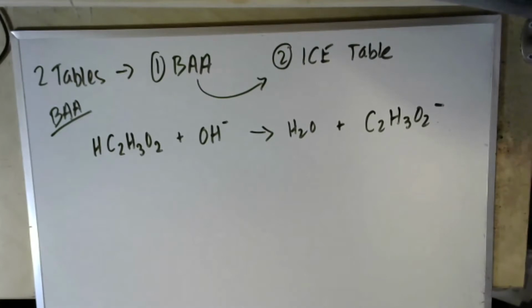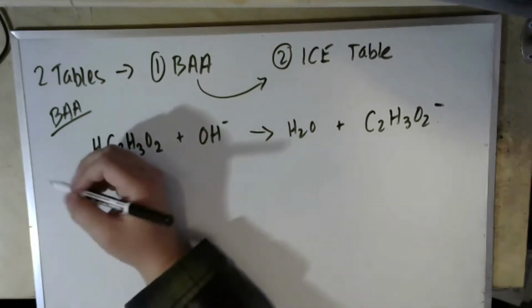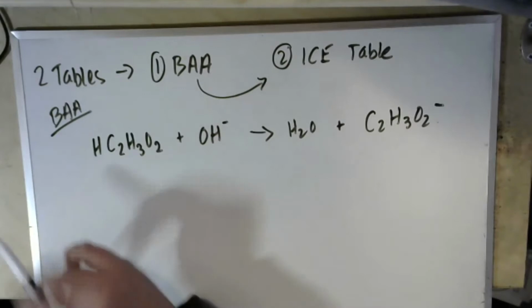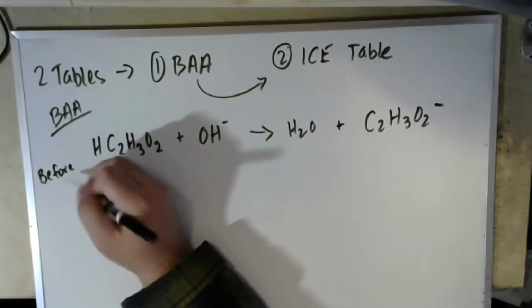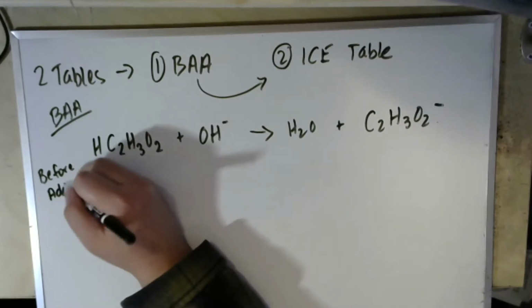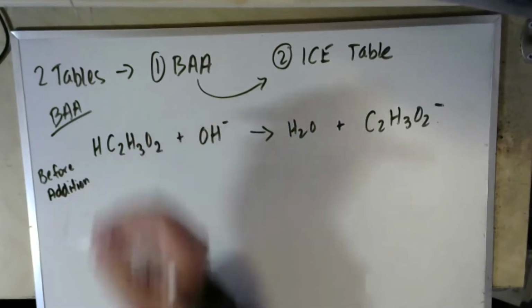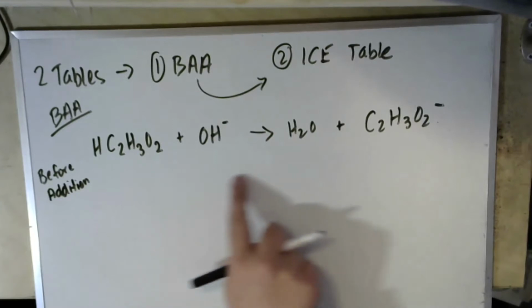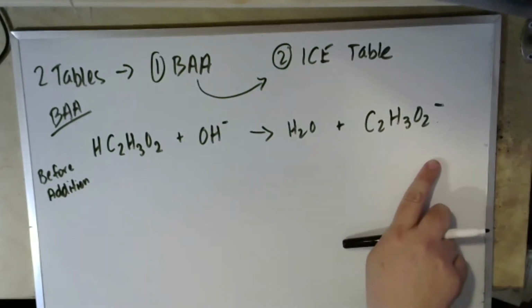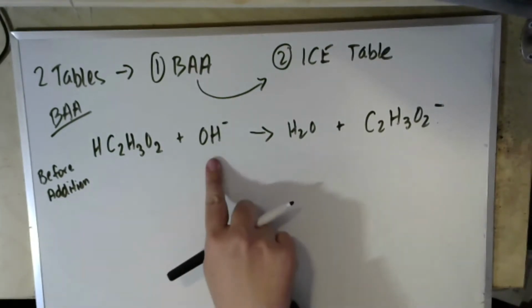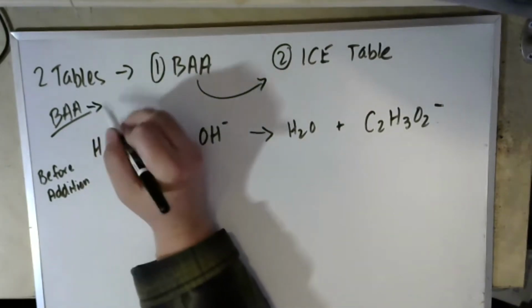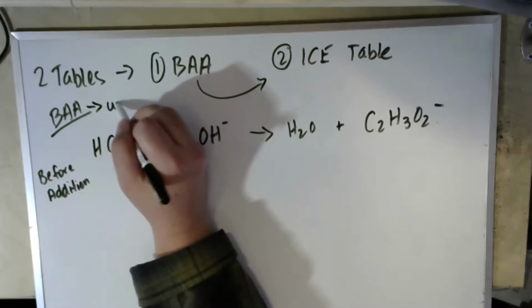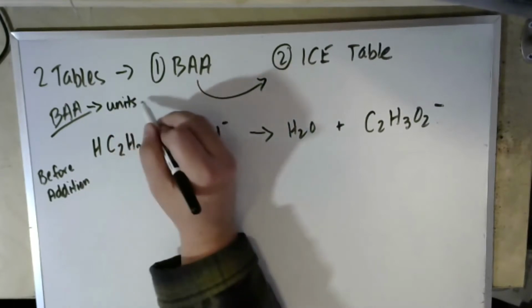Now, the 3 rows on this BA table are going to be labeled. The first is before the addition. This is going to be the amount of moles of each thing that are present before we add any sodium hydroxide. Your BA table is going to have units of moles.